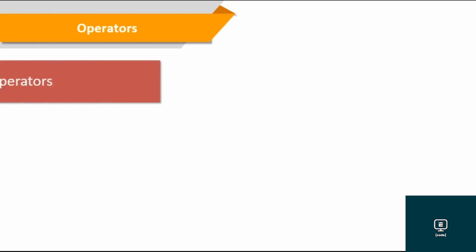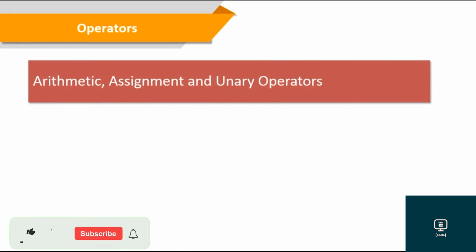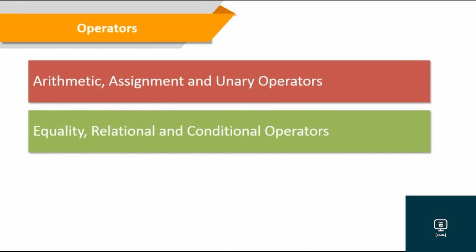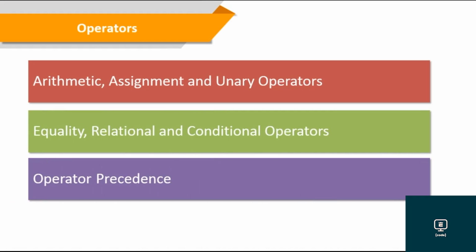In this section, first we're going to learn the arithmetic, assignment, and unary operators. Then we're going to play with equality, relational, and conditional operators. Then we're going to learn operator precedence.